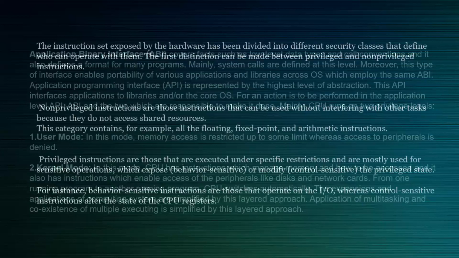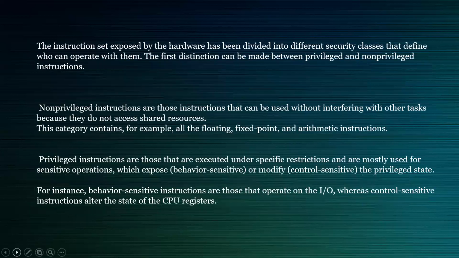So the next one is that the instruction set exposed by the hardware has been divided into different security classes that define who can operate with them. The first distinction can be made between privileged and non-privileged instructions. Non-privileged instructions are those that can be used without interfering with other tasks because they do not access shared resources. This category contains, for example, all the fixed point and arithmetic instructions.